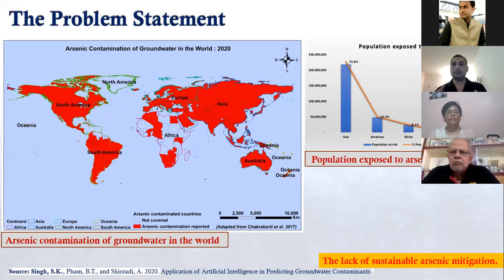So what's the problem? Why are we talking about arsenic now? Because arsenic research has been going on for a century. It's more than 100 years people have been studying and investigating arsenic, and there was like $1 billion invested.